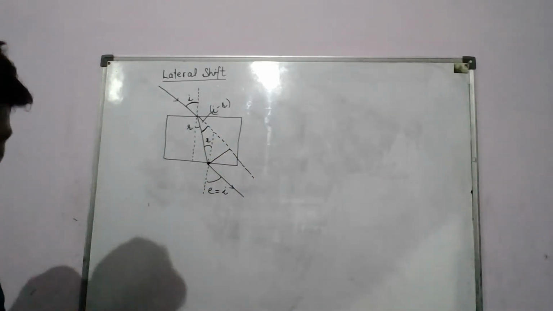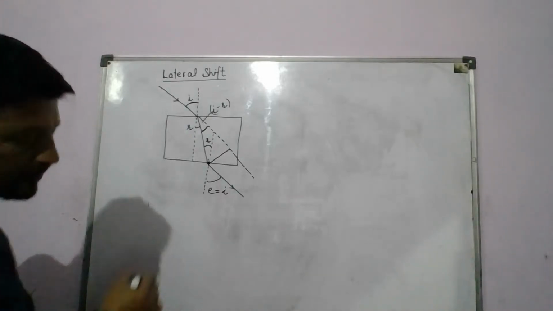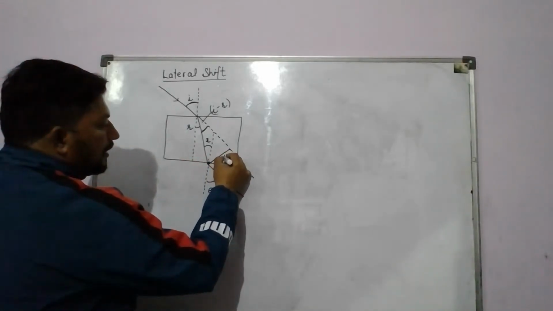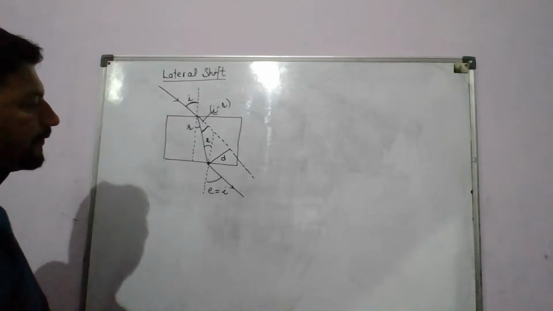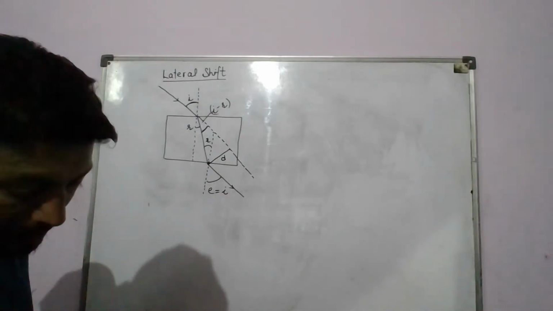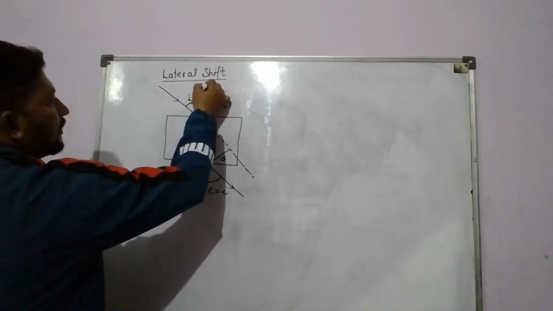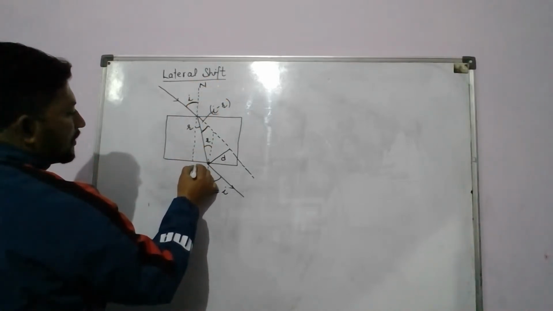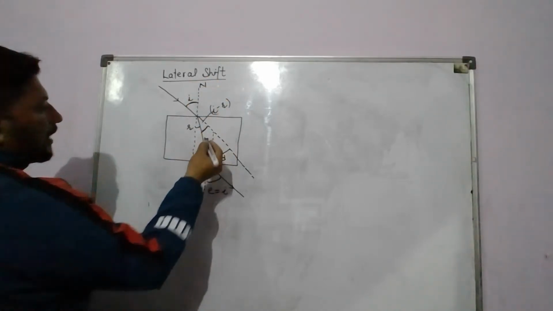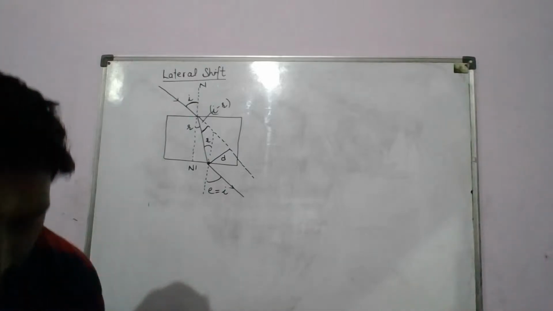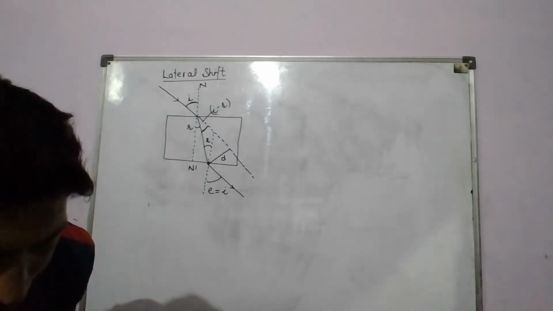Draw the normal. This is called d, the lateral shift. You can mention the names N, N dash here, and this perpendicular M or M dash. You can name these anything.